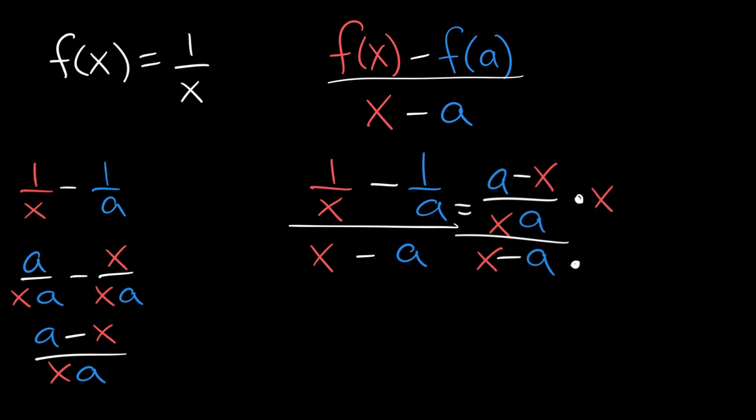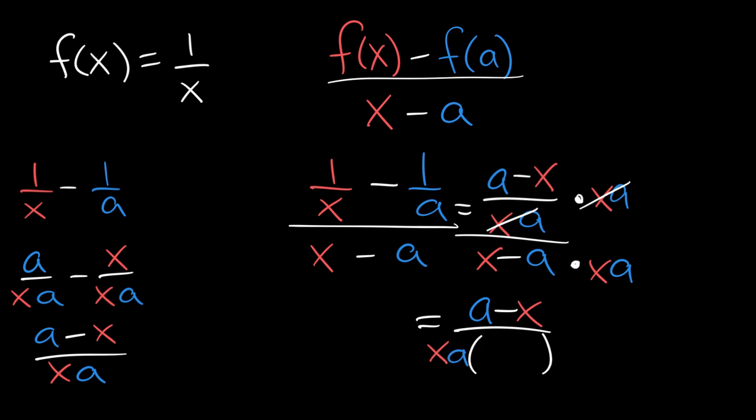So if I did that times xa, what happens is these cancel, and we're left with a minus x over, I'll bring the xa to the other side, so xa, and that has to be multiplied by x minus a.